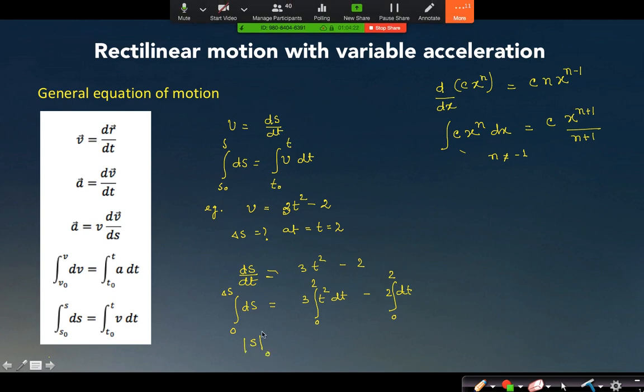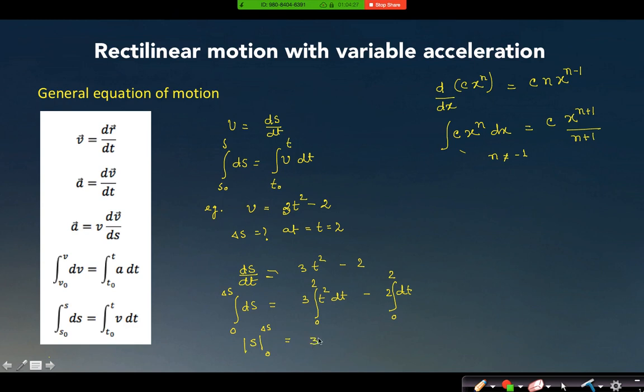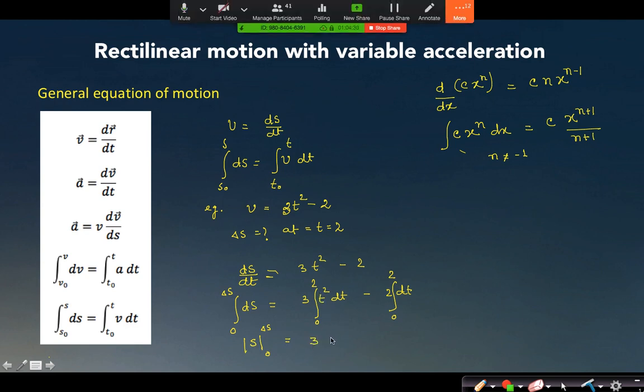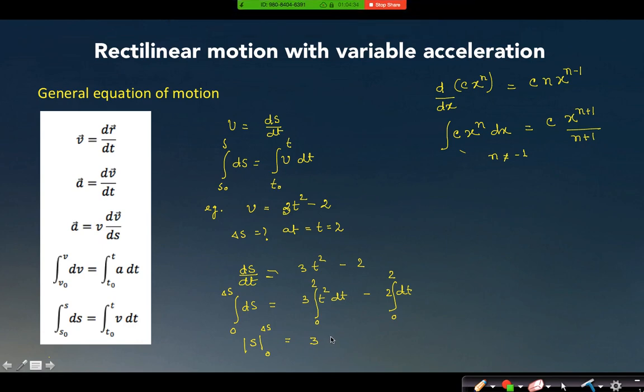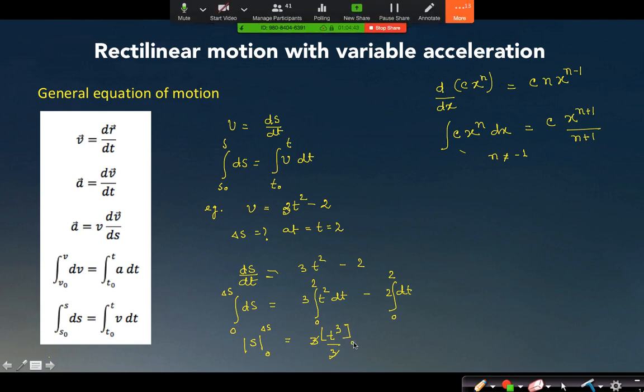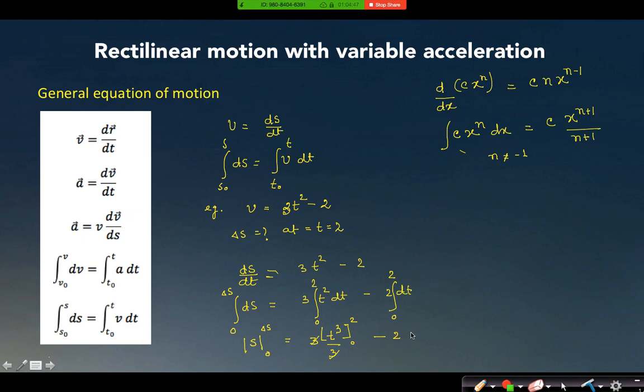The lower limit is 0, upper limit is delta s. Similarly, can you tell me what is integration of t square dt? T cube by 3, right? So 3 gets cancelled out, and you need to put the limits from 0 to 2, and minus 2. What is integration of dt? Integration of dt is t, 0 to 2.